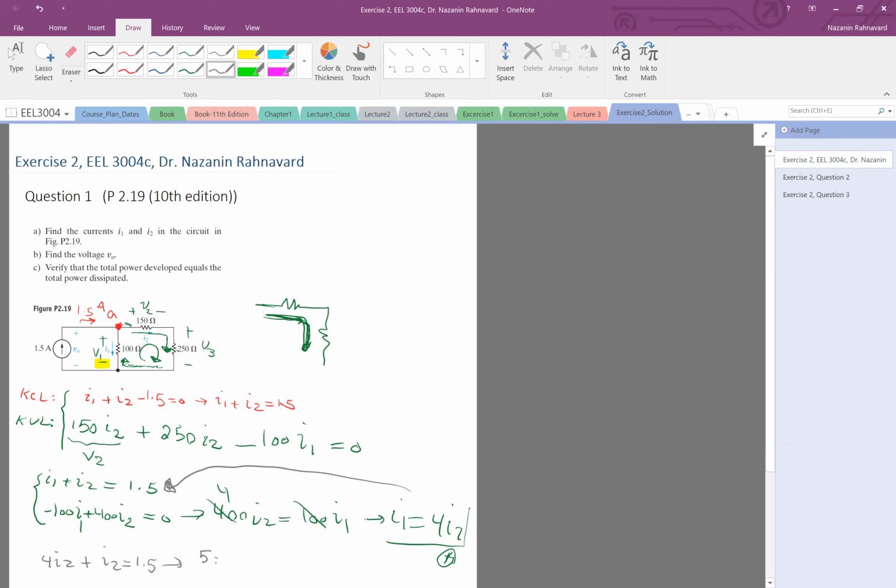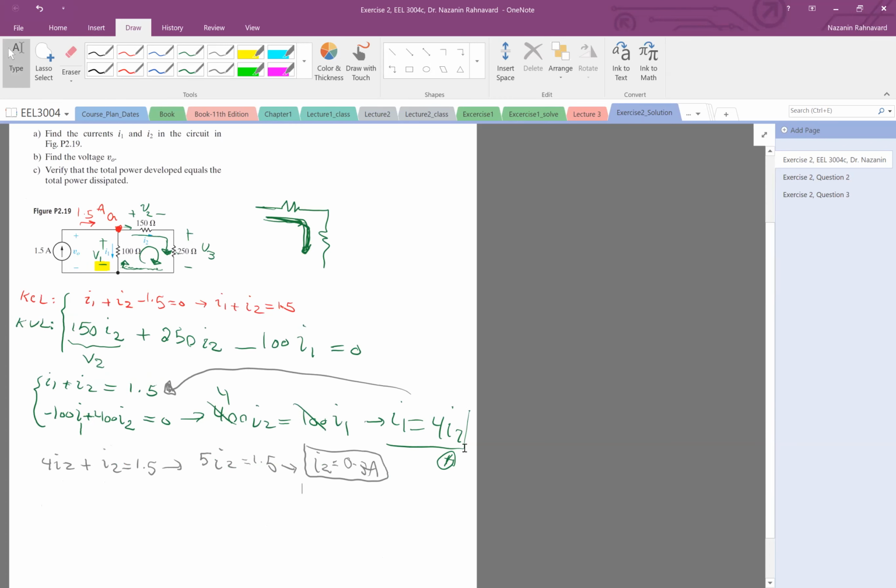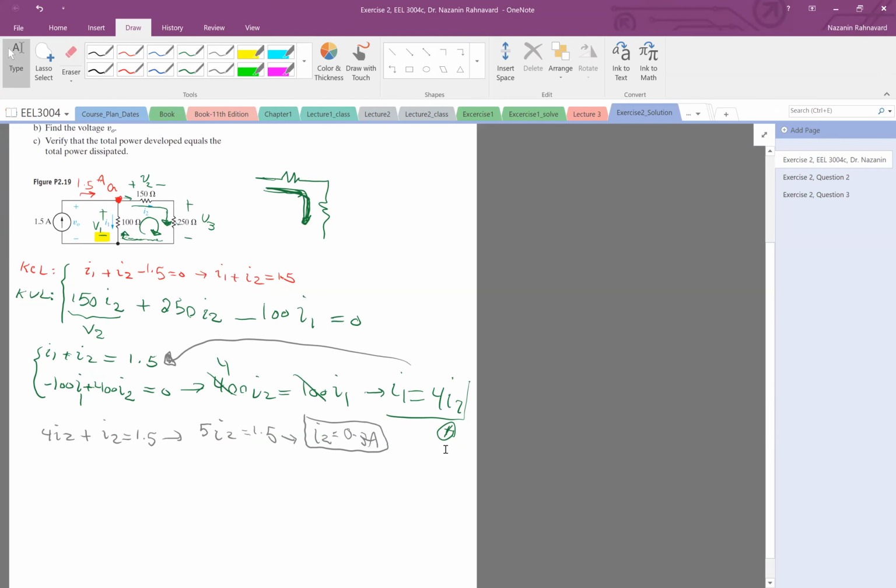So 5 I2 equals 1.5, and I2 is 0.3 amp. Then I1 is 4 times I2, which is 4 times 0.3, which is 1.2 amp.